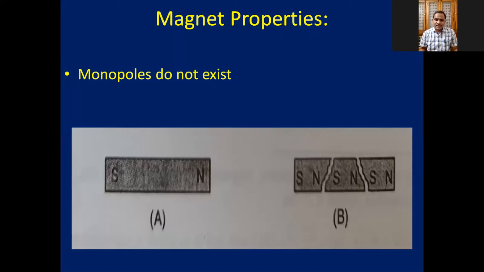Monopoles do not exist. This is a very, very important point. If you cut the magnet into two pieces, each piece will have two magnetic poles. Again, you cut into further two pieces, and again, in the small piece, you can observe the two poles. So single poles do not exist. Magnetic poles always exist in pairs.